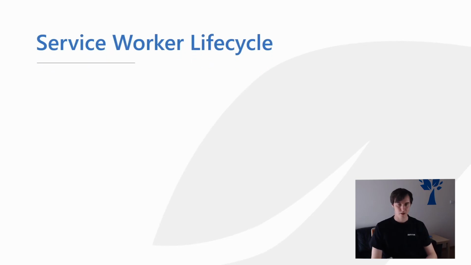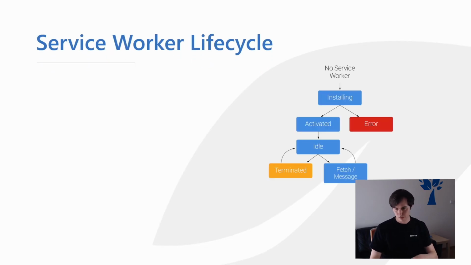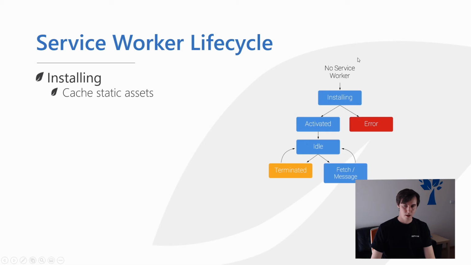What about the life cycle of the service worker? So there are a couple of phases that it goes through. So let's see what they mean. In the installing phase, you can cache your assets. So this is the phase where the service worker is being installed. So it's not yet handling the requests, but it's in the installing phase, so stuff is already happening.